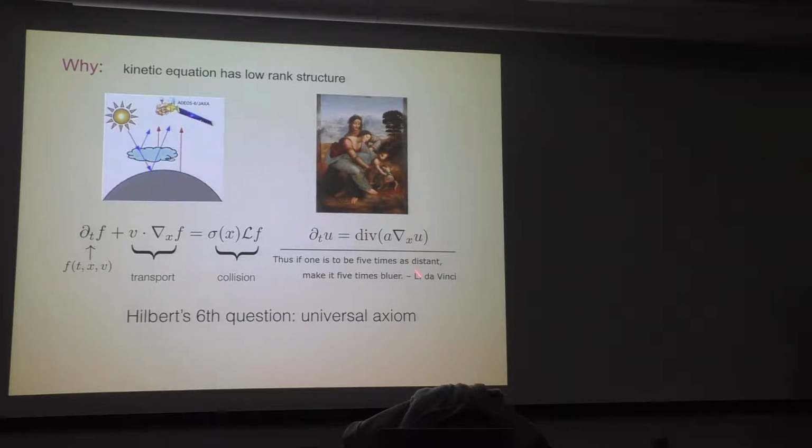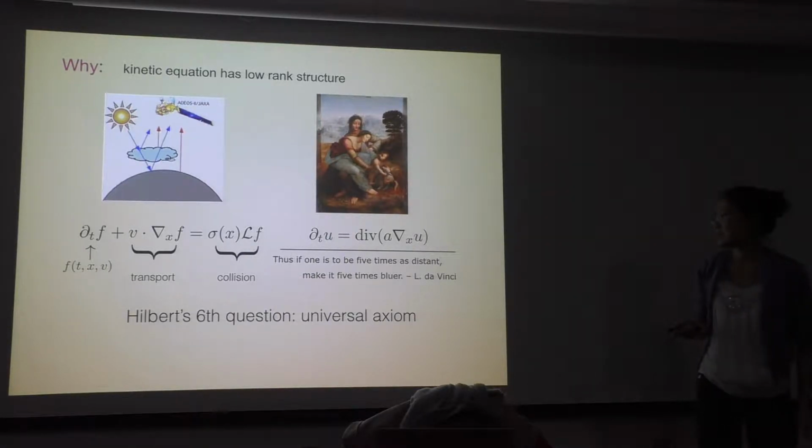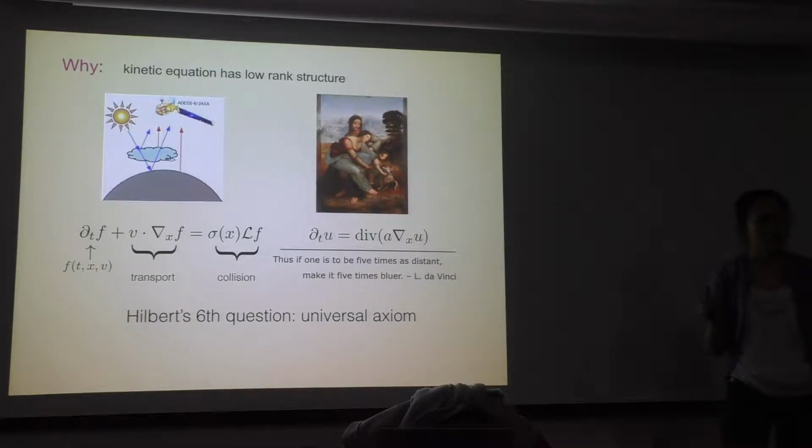So now we have two different equations for one phenomenon, light propagation. That puzzled Hilbert 100 years ago, and he said, the universe should be universal. If you have one physical phenomenon, two different equations should be somehow equivalent to each other. And he asked, what is the intrinsic connection between this radiative transfer equation and this diffusion equation?